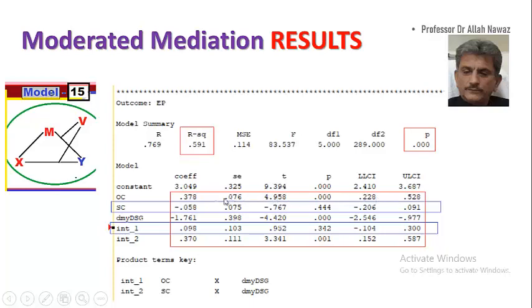All these statistics support that organizational culture is significantly associated with, or predicting, the employee performance. As far as self-confidence is concerned, it has gone negative as well as insignificant.